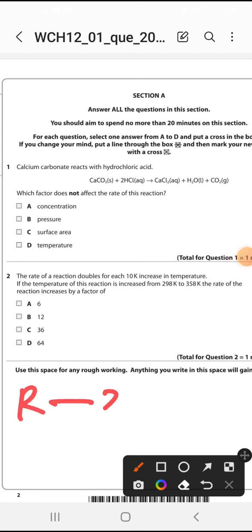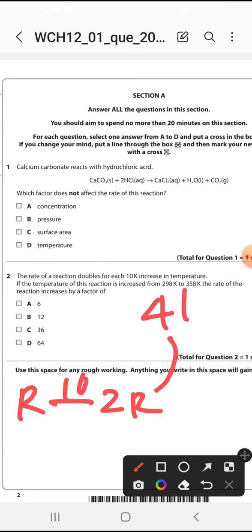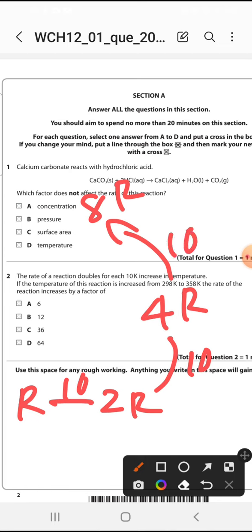It is R initially. That becomes 2R for 10K. That becomes 4R for another 10K. That becomes 8R, because it is always doubling. It becomes 16R for another 10K.